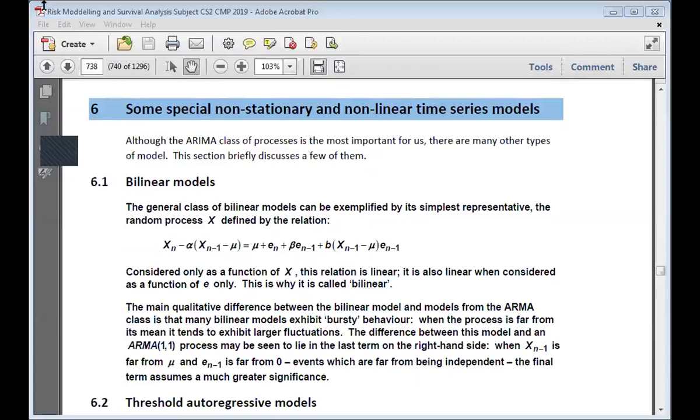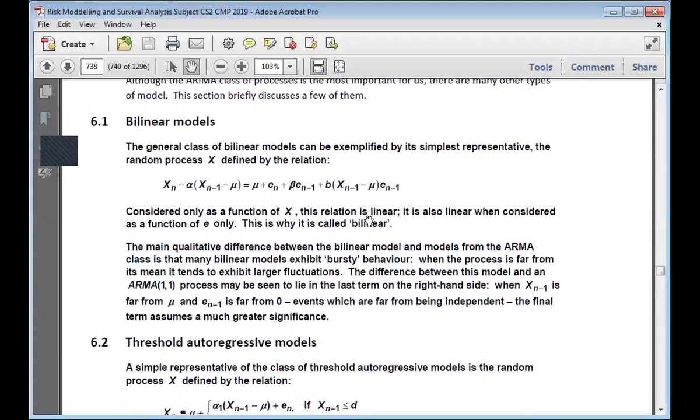So yeah, the models that we have studied so far, we assume that all of those are stationary and linear in a way. But now let's see what possibilities can exist apart from the ones that we have just studied. So the very first model you have here is something called a bilinear model.